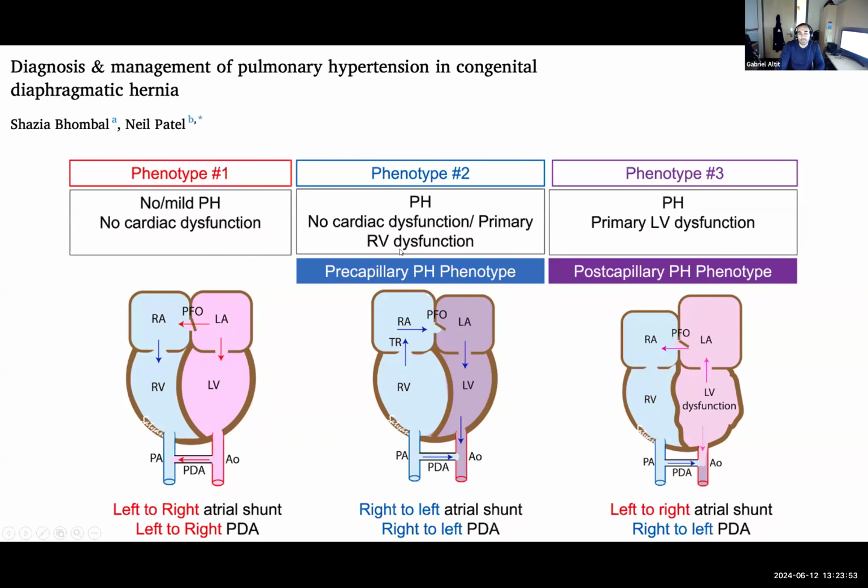These patients do present more of a phenotype of acute pulmonary hypertension.